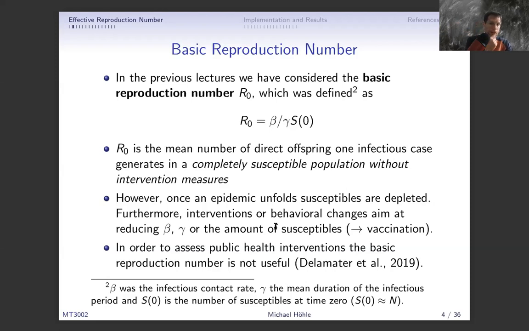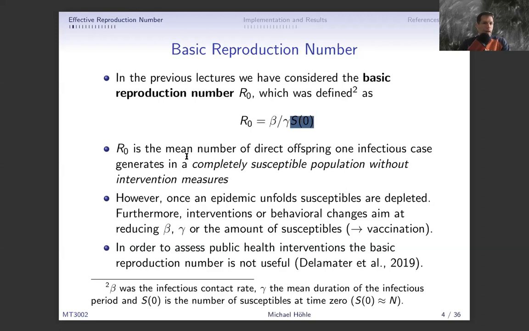Sorry, this is not the mean duration. 1 over gamma is the mean duration. So gamma is the rate at which you switch from the compartment of being infectious to being recovered. So the mean of this is 1 over gamma. And then we multiply by either the total population size or the number of susceptibles in the beginning. So you can multiply either by N or S0, it doesn't matter that much.